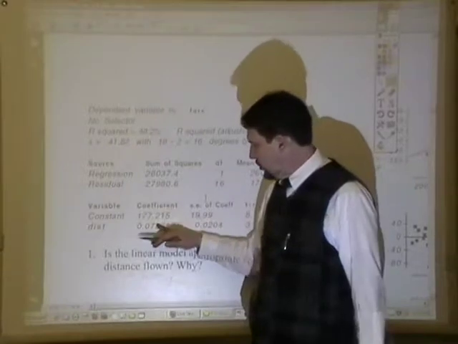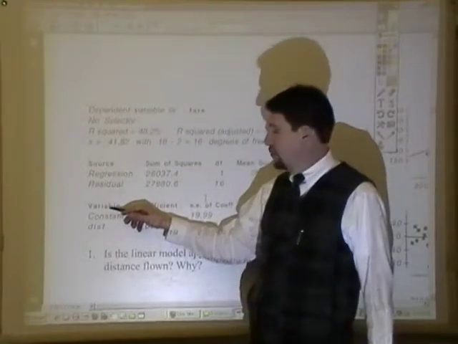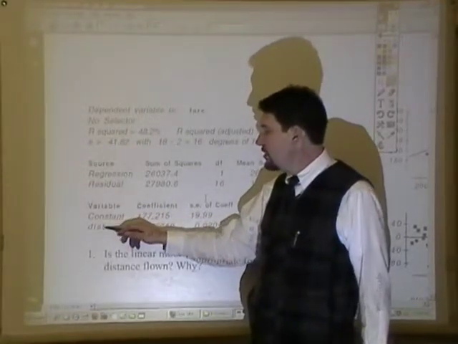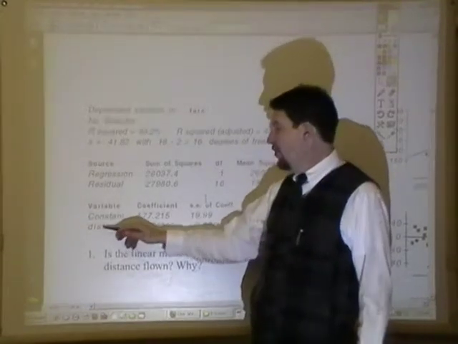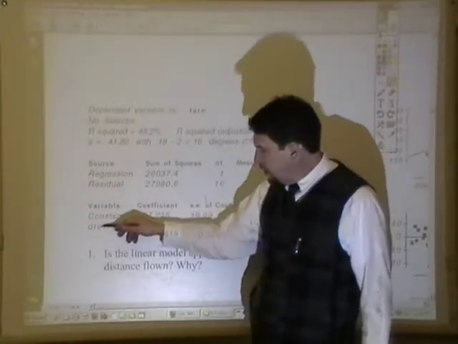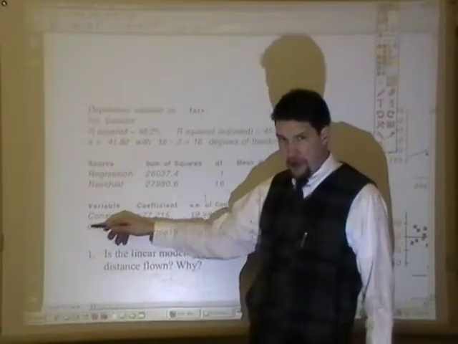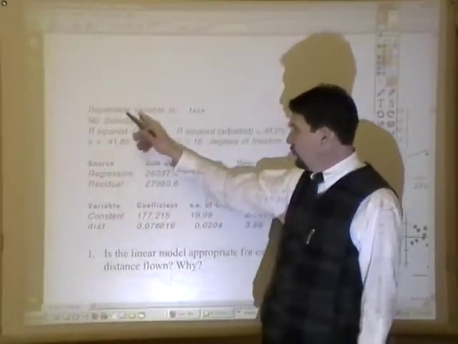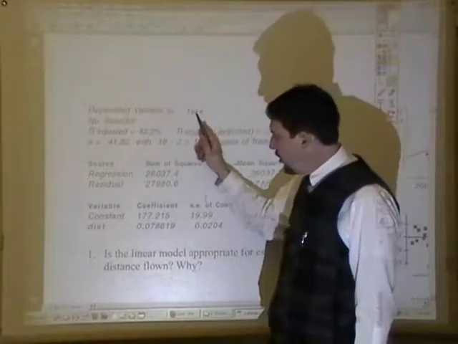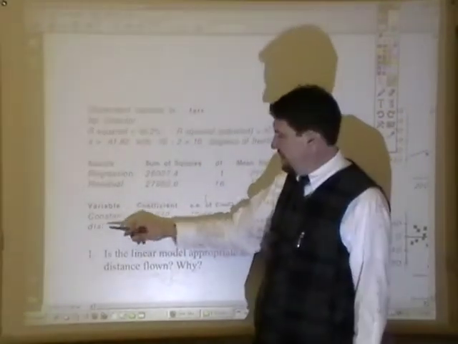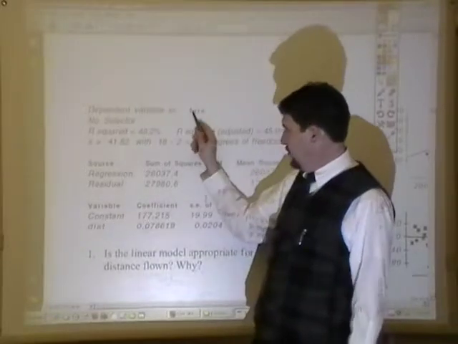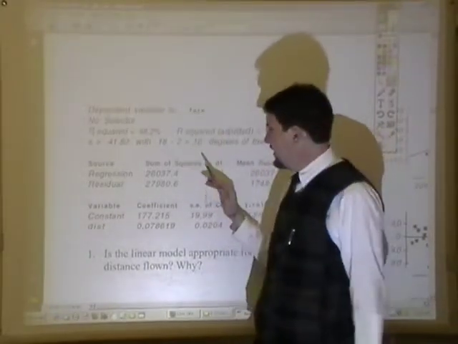Looking next to the word coefficient, we see the word variable. Underneath the word variable, we see constant, and then in this situation, it says dist. Whatever this word is, that's your explanatory variable. It says up here, dependent variable is fair. Down here, the explanatory variable is dist, which probably means distance, and this is fair, again thinking like a taxi cab.